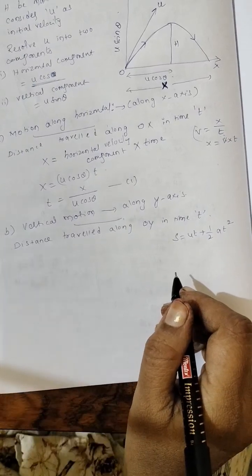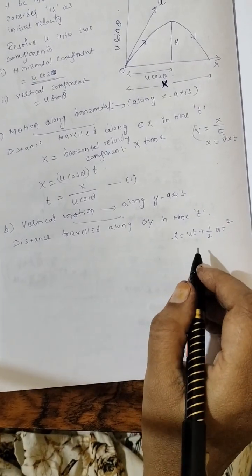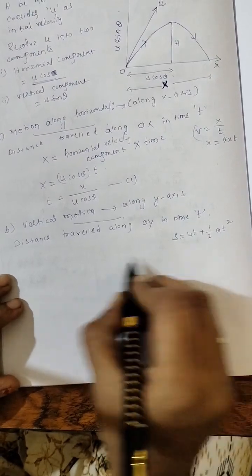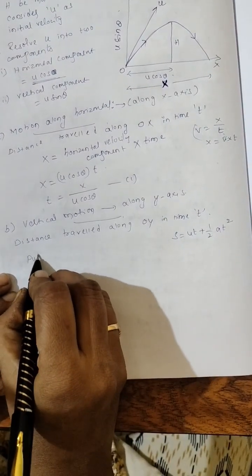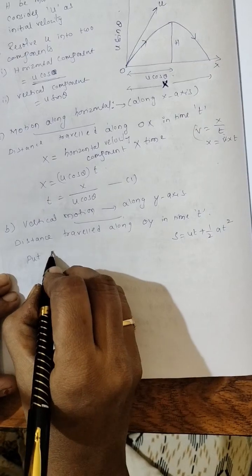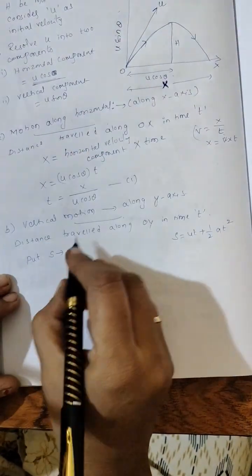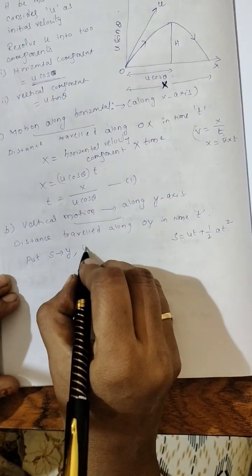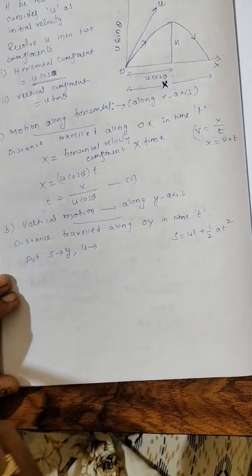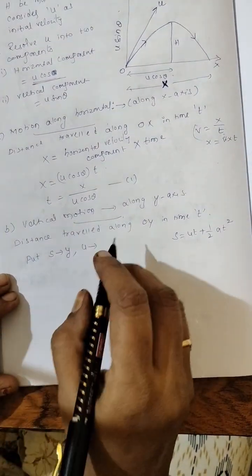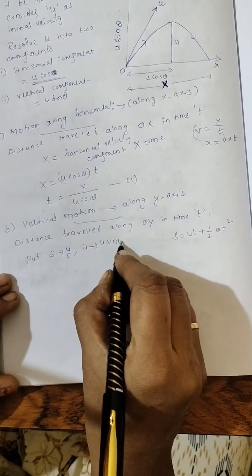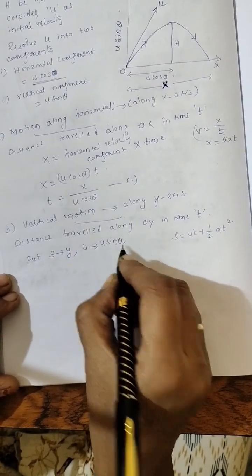In place of S, for vertical motion I'm considering y. In place of u, you have to place the vertical velocity, that is u sin theta.